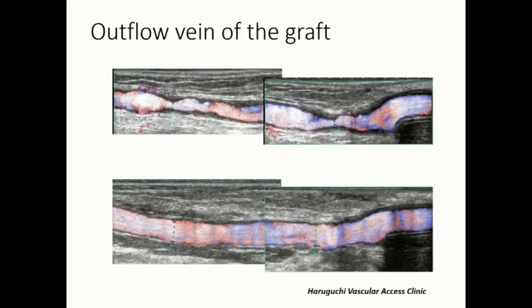The outflow vein of the graft has a long stenotic segment. This is pre-PTA, and this is after PTA. Almost all of the stenotic sites dilated.